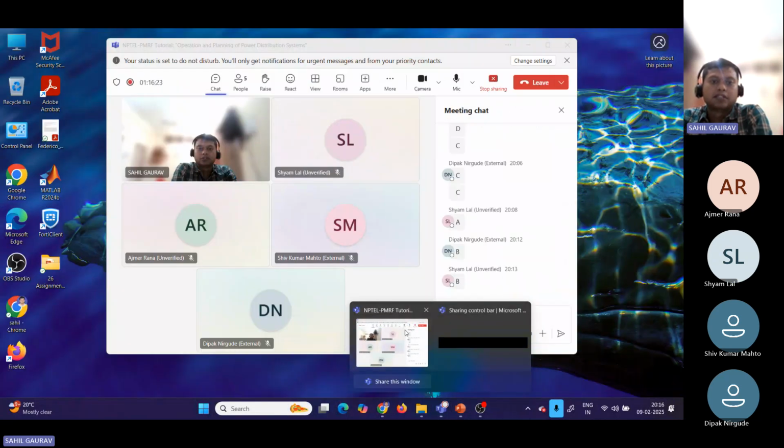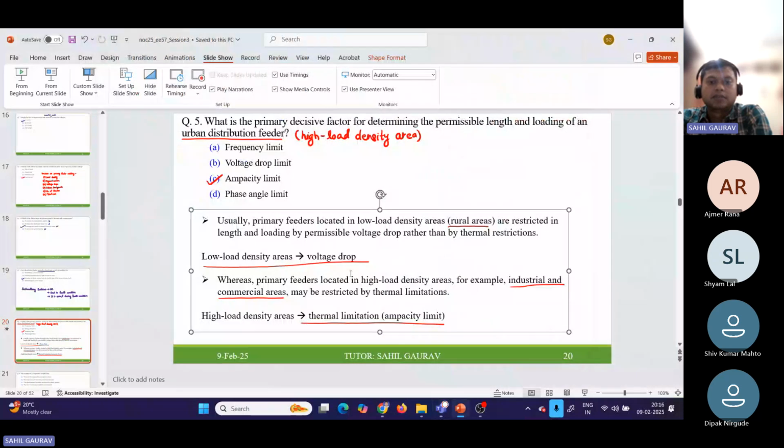You are very good. In high load density areas, we have thermal limitation because density is high, so we have to consider its capacity, how much power it can deliver. While in low load density areas, loads are scattered at much different distances, so there we consider the voltage drop rather than its limit.